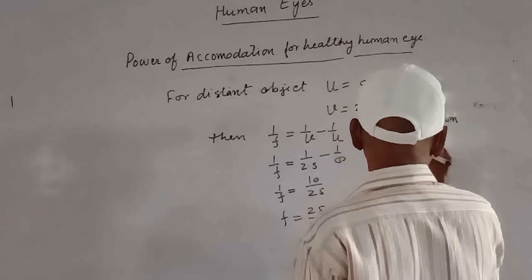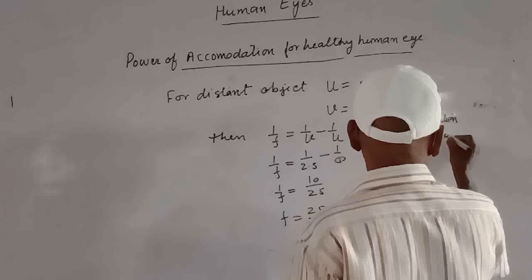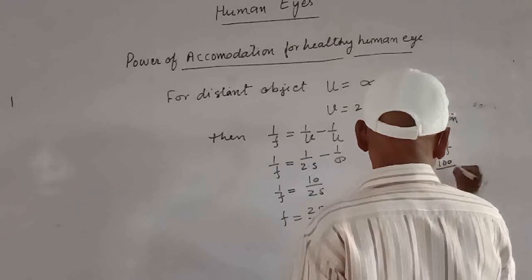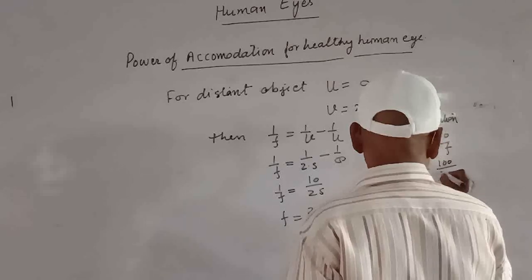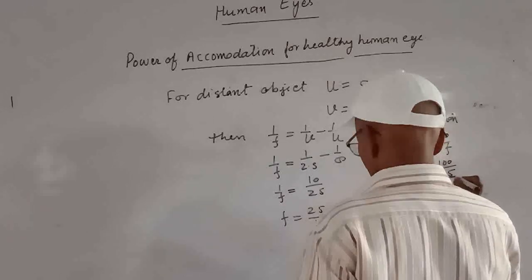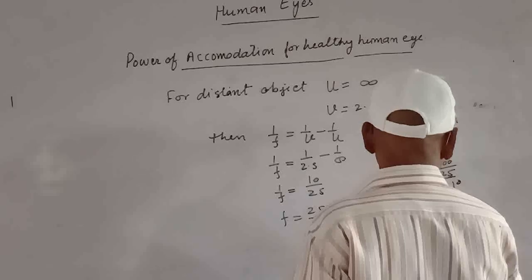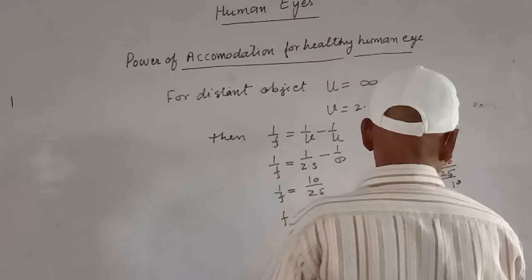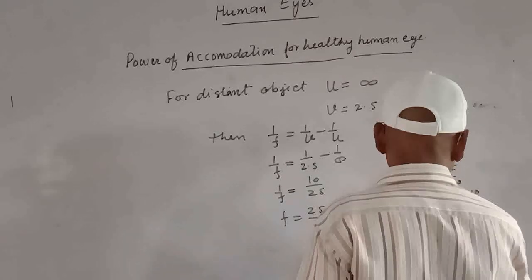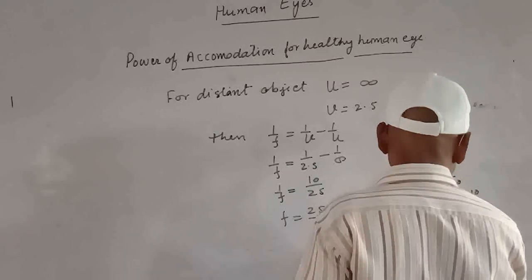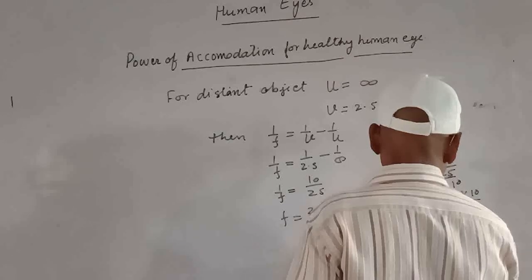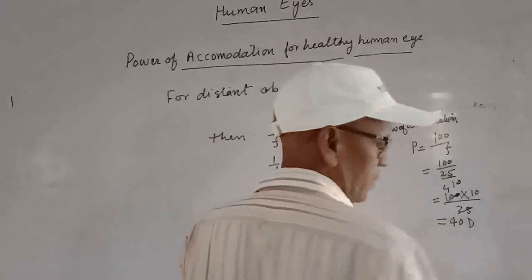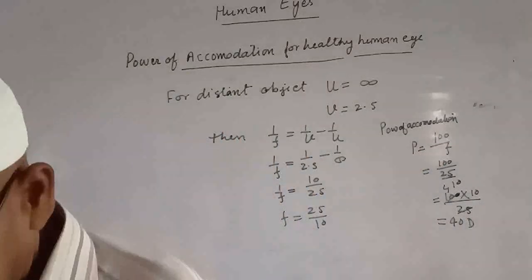P is equal to 100 upon F, that is 100 upon 25 upon 10, that is 100 into 10 upon 25, which is 40 diopter. P is equal to 40 diopter.